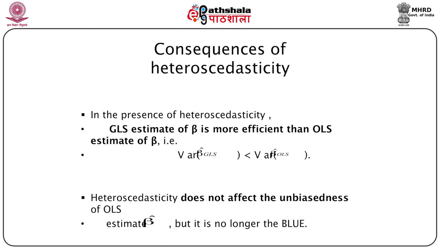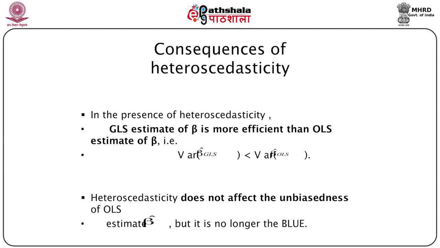In the presence of heteroscedasticity, the generalized least square estimate of the parameter beta is more efficient than the ordinary least square estimate. That is, the variance of beta hat obtained under generalized least square is less than the variance of the estimate of beta under ordinary least square.